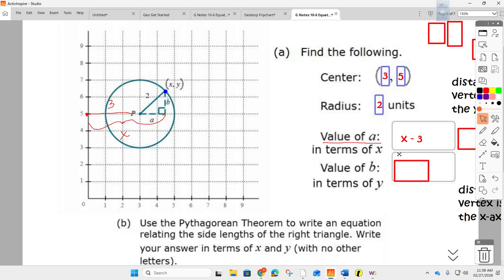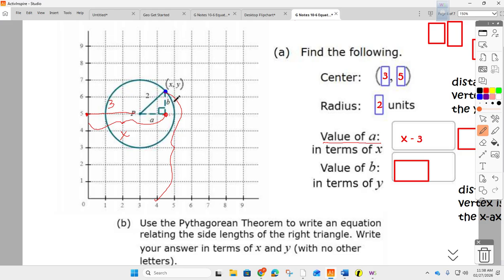So if we're giving the value of B, well, B is the distance from that right angle vertex up to that end point where we sketch that other leg of the right triangle. We don't know that length, but we know from here to here is 5 units, right? We're going up 5.